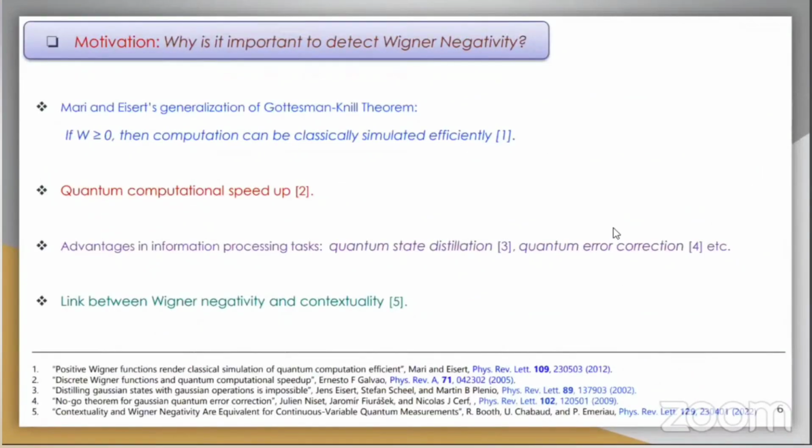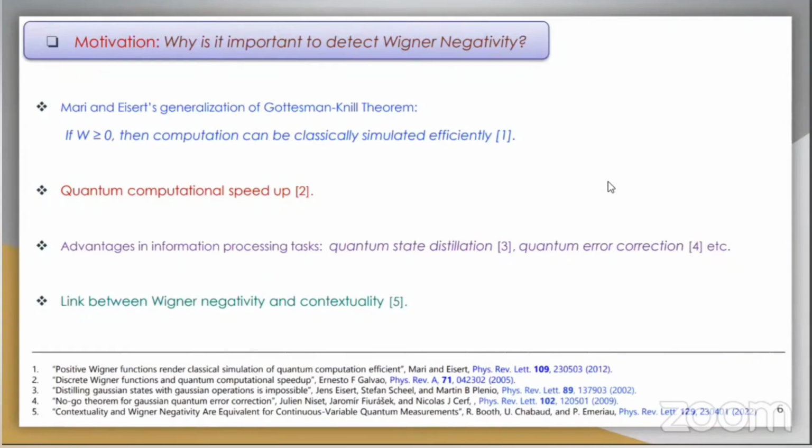Now, people can ask that, well, this is a quasi-probability, but why is it important to detect the Wigner negativity? The main reason is that there was one result by Mari and Eisert, that is the generalization of the Gottesman-Knill theorem from quantum computation.